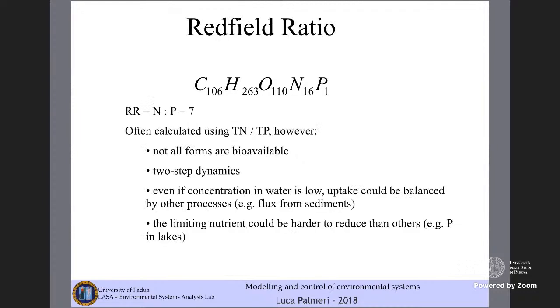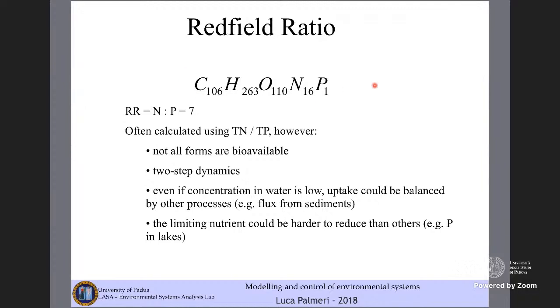We may apply criteria for deciding which is the limiting nutrient, because we apply the concept of fixed stoichiometry. Fixed meaning that a general way of representing biochemical substances is this way, in which you say that carbon, hydrogen, oxygen, nitrogen and phosphorus are present in organic matter with these ratios.